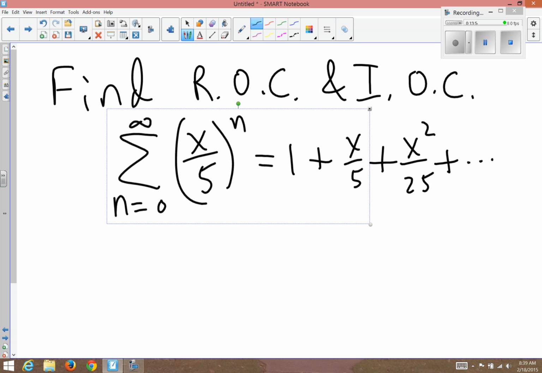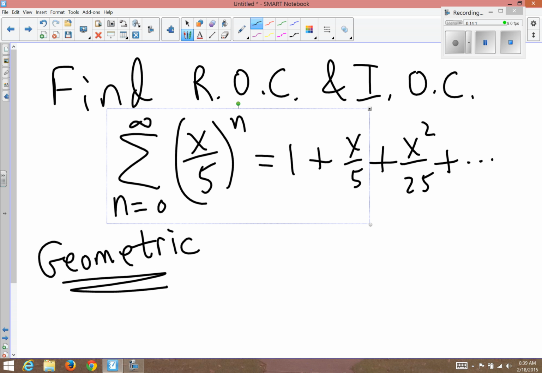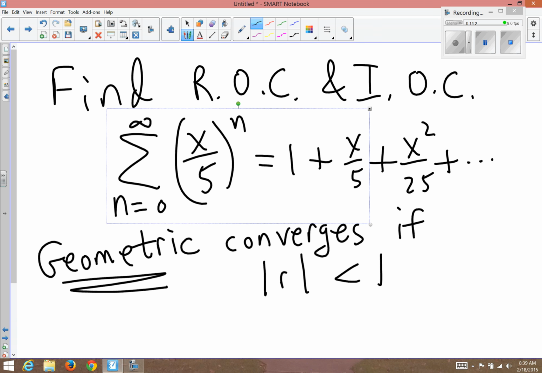This is a power series because it has powers of x. But this is different from the last one in that this one is geometric, because there's a common ratio. This is a geometric series, and geometric series only converge if the absolute value of r is less than 1.